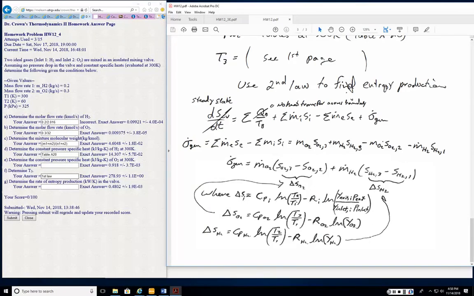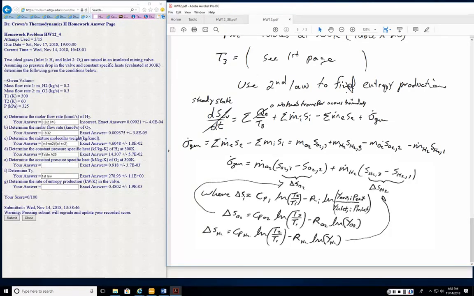mass flow rate of the O2 times the entropy of the O2 at state 3, and then same thing at state 3 for the hydrogen, minus then the mass flow rate times the entropy of the O2 at pipe 2 and the mass flow rate of the hydrogen in pipe 1 times the entropy of hydrogen.